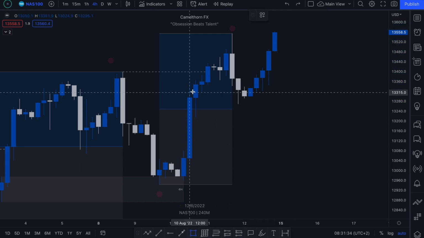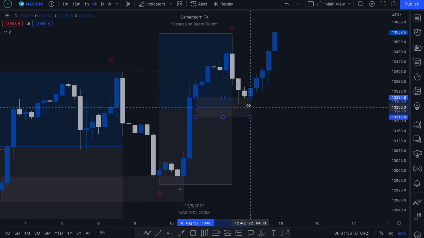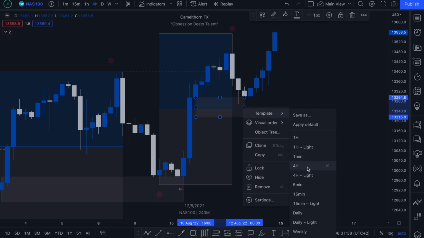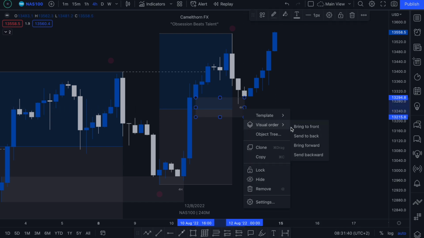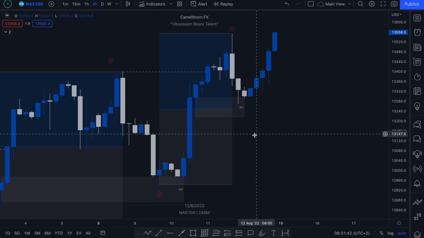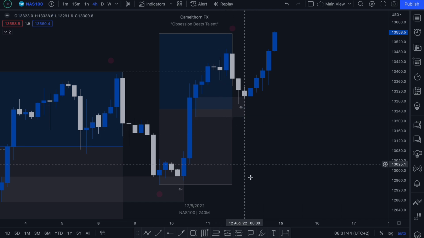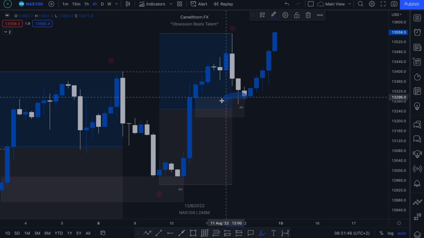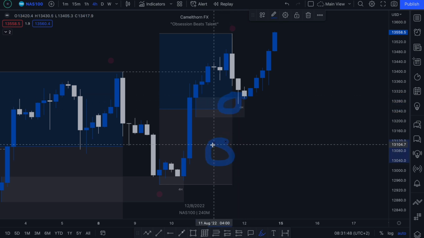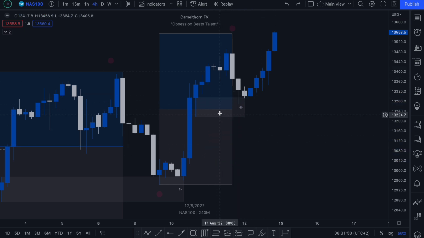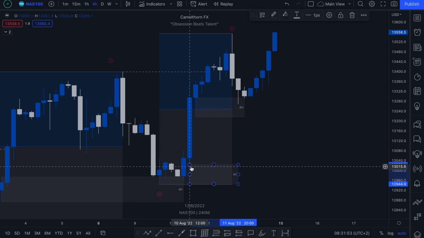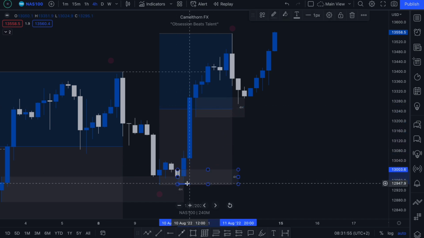You can also see that we do have a little bit of a reaction here from a wick zone in here, but a lot of people would not regard this as a zone that sits within discounted pricing, right? A lot of people would probably be looking for something, say, in here.